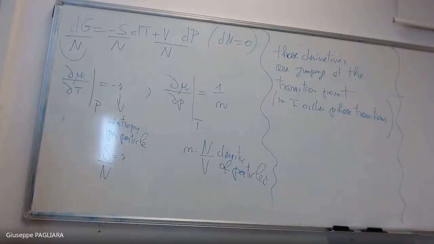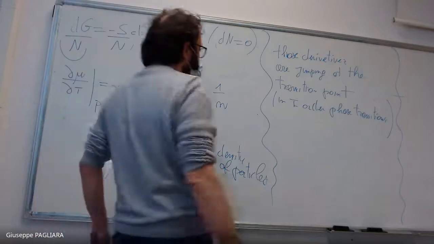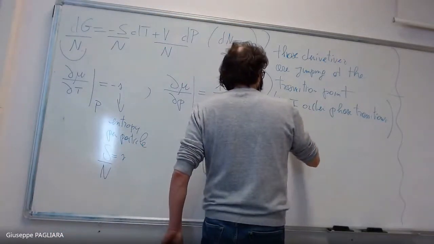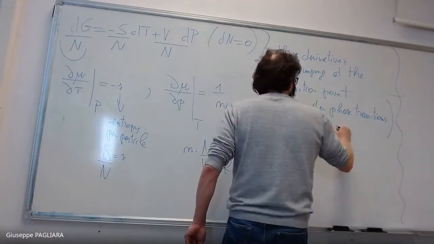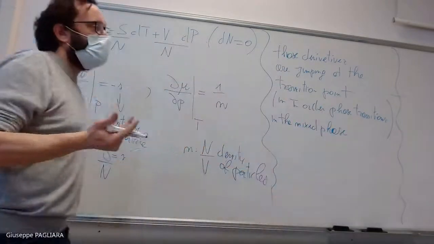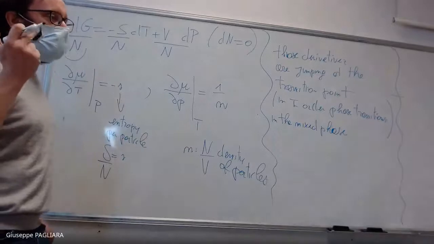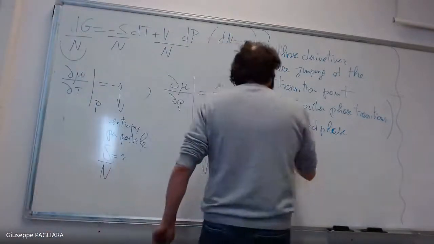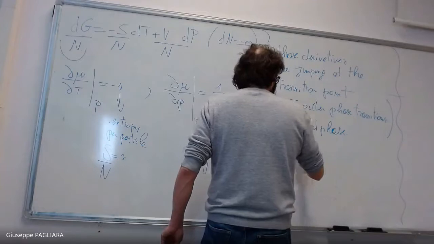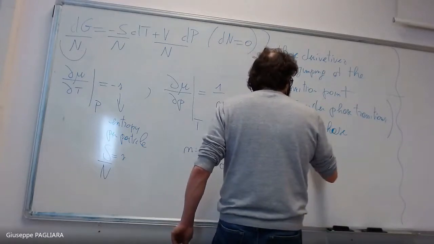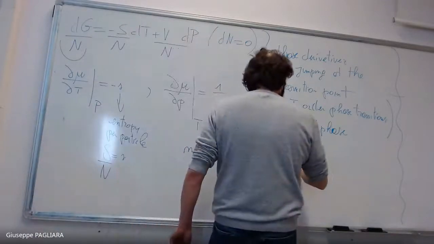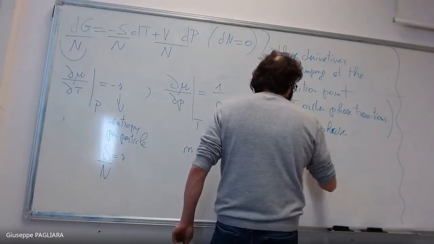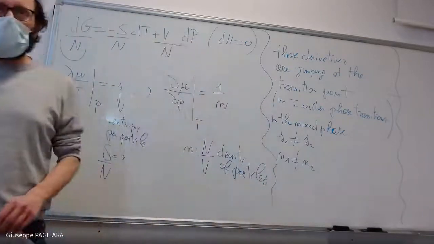They are different because the slopes were different, so that means also that in the mixed phase, while pressure, temperature, and chemical potential are equal in the two phases, the entropy per particle of phase 1 is different from the entropy per particle of phase 2, and the density of phase 1 is different from the density of phase 2.